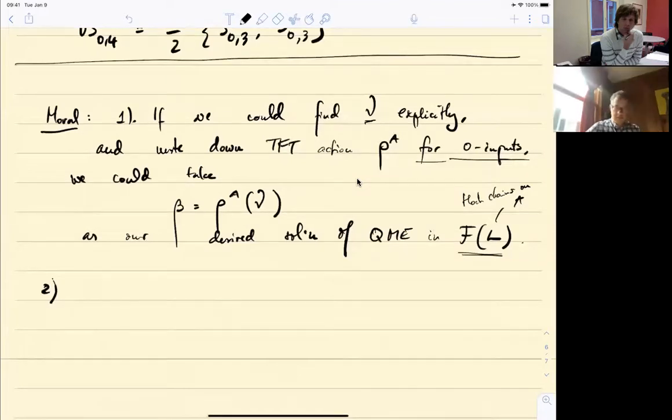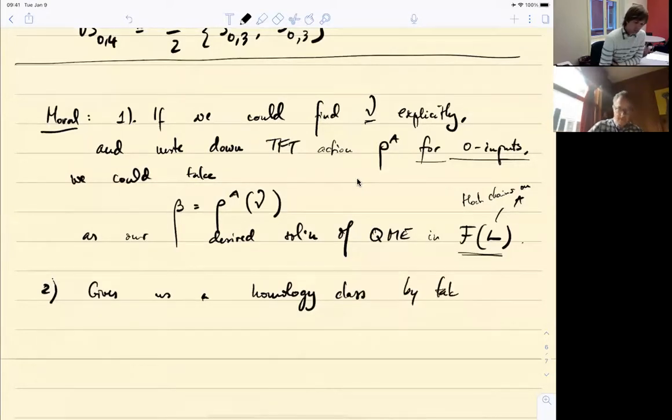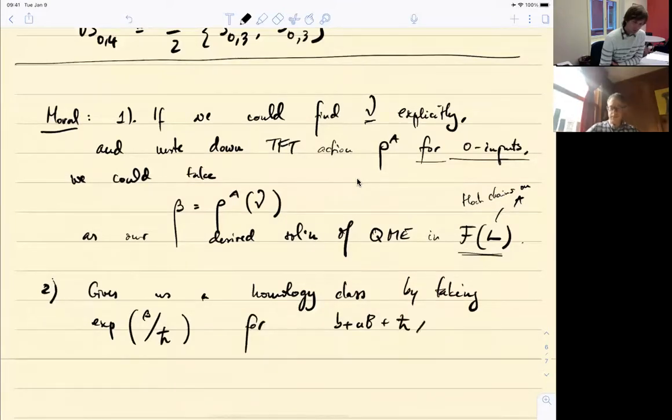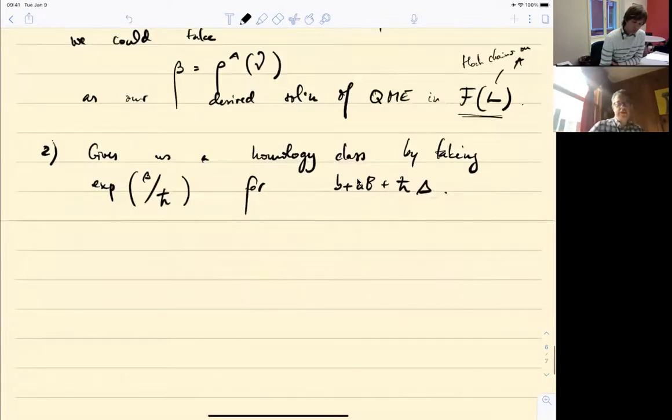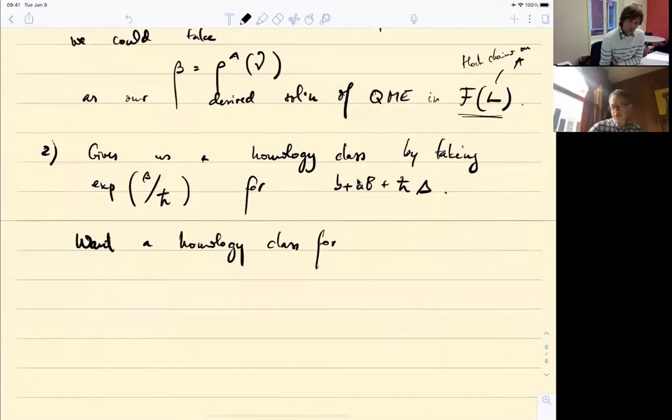Secondly, this would give us a homology class by taking exp of beta over h bar for the operator b plus u B plus h bar delta. This is not good because we want a homology class for just b, right?